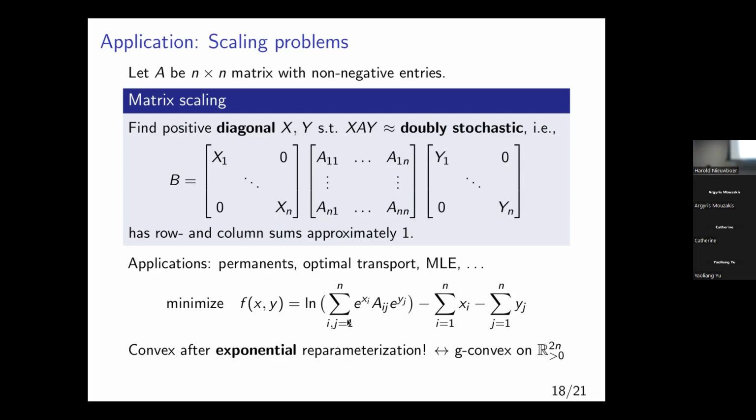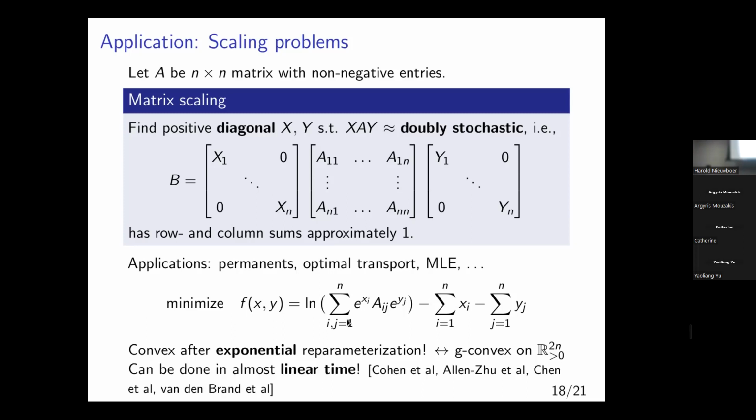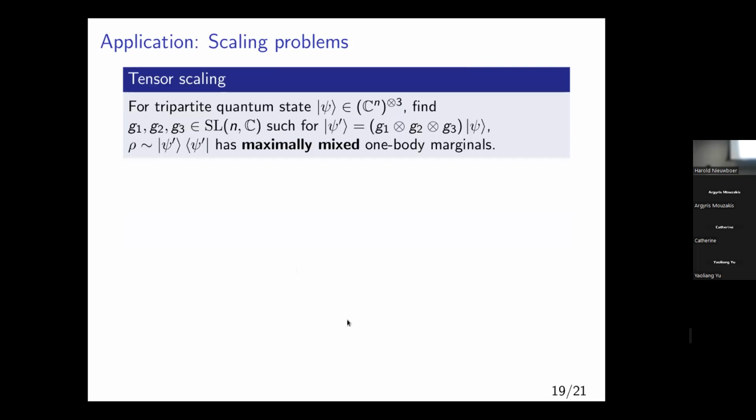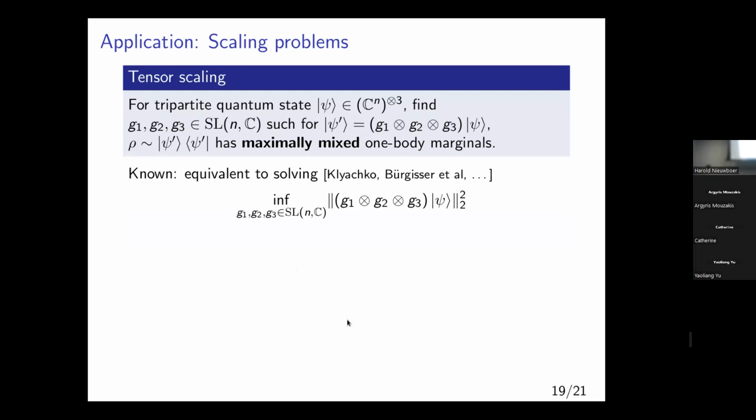And now, why do we care about doing this stuff on manifolds? This is now ordinarily Euclidean convex after this reparameterization, and you can also solve it very efficiently using recent methods. But what's important for us is that there is some generalization of this matrix scaling problem, where you're not using diagonal matrices anymore, but arbitrary matrices, which we know to be equivalent to also solving some optimization problem.